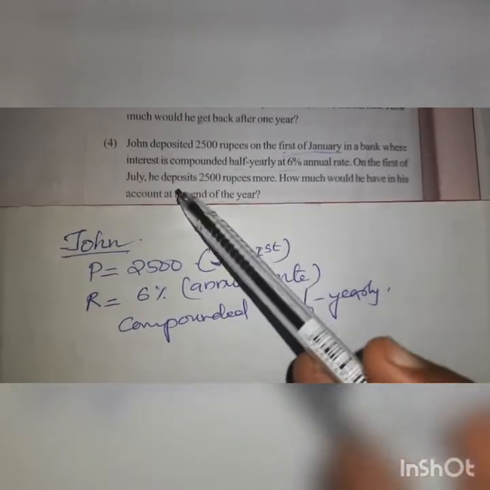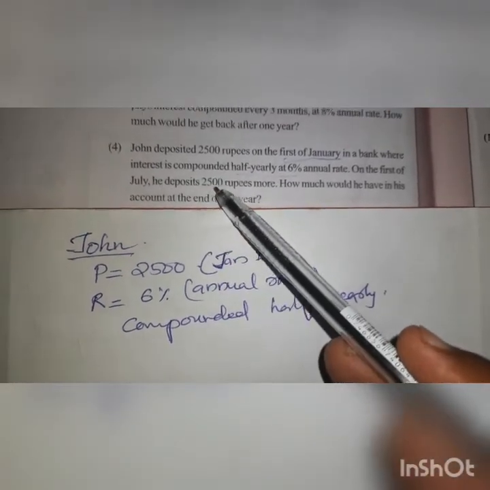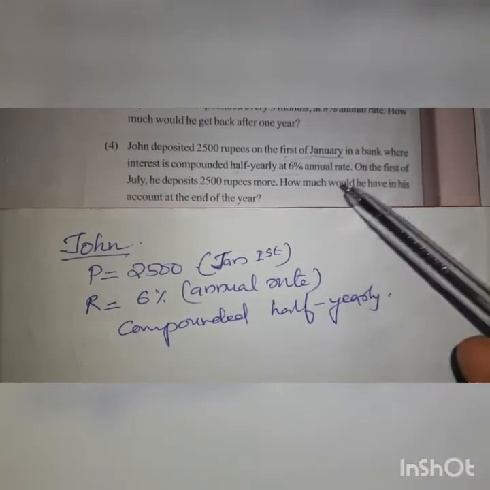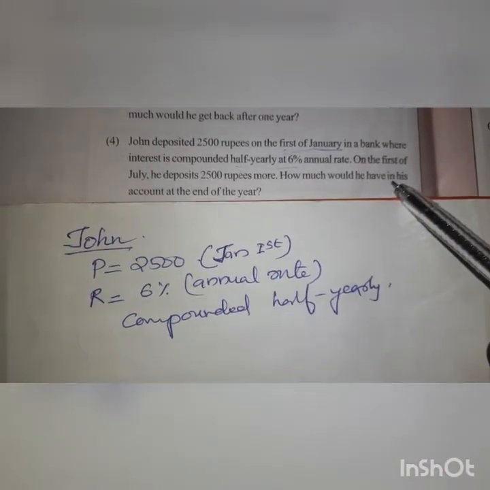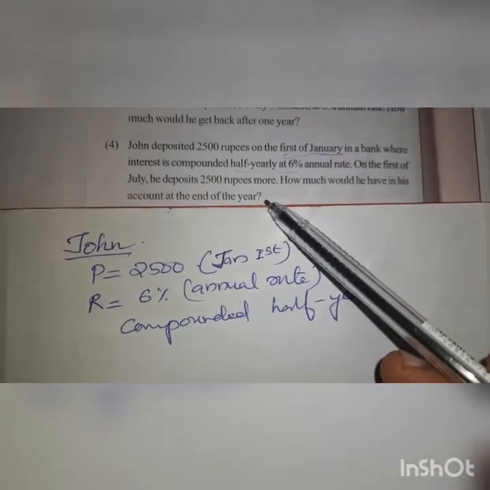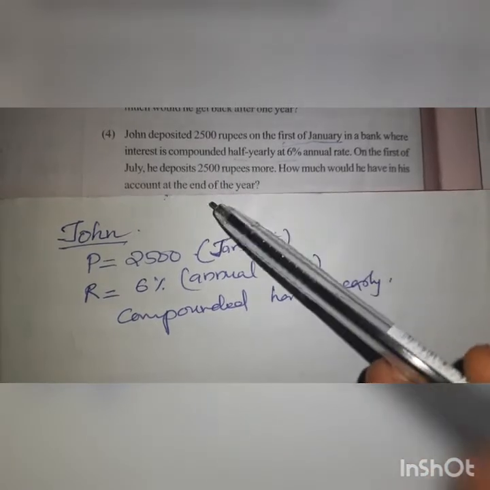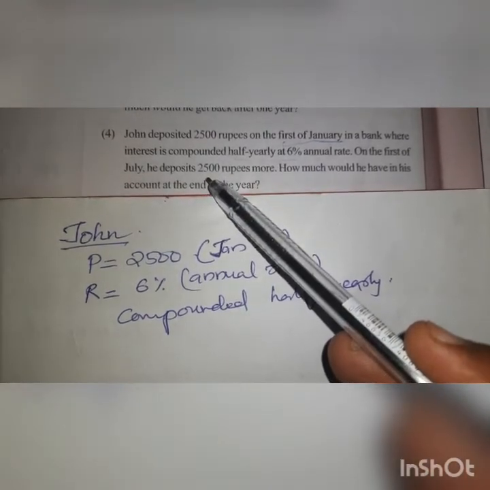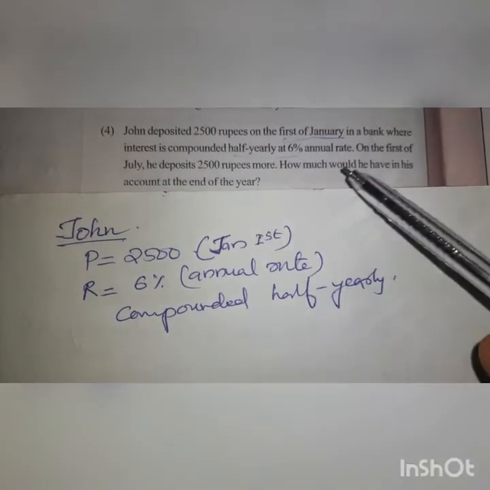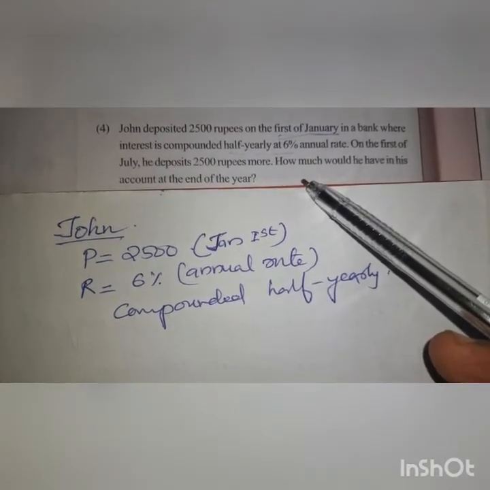Okay, starting on the next half year he deposited 2,500 rupees again. So how much would he have in his account at the end of the year? So the first half he deposited 2,500, and the next half again he deposited 2,500. So how much is the amount he is getting after 1 year?